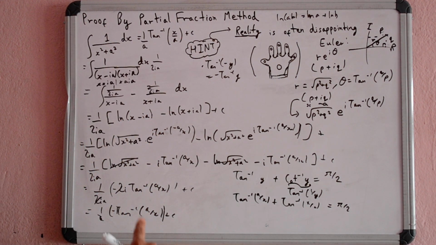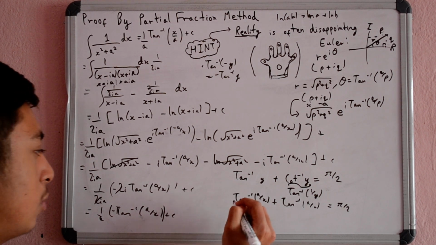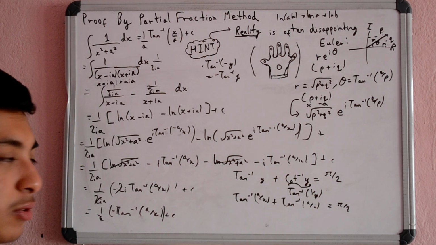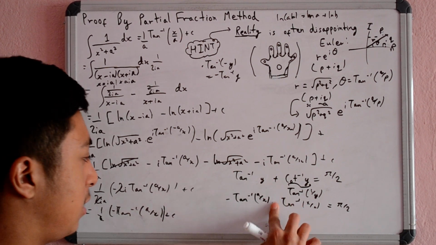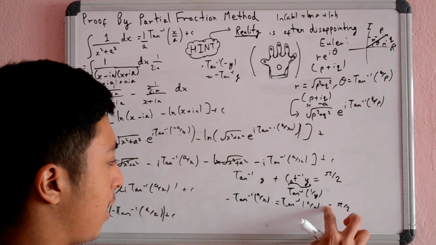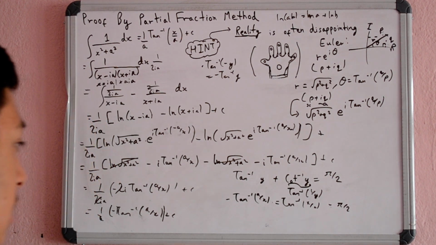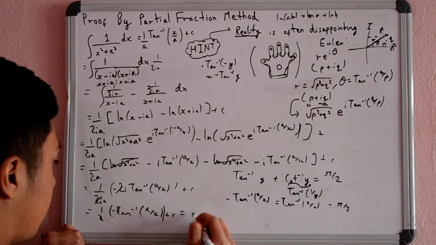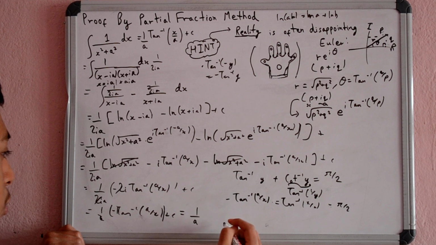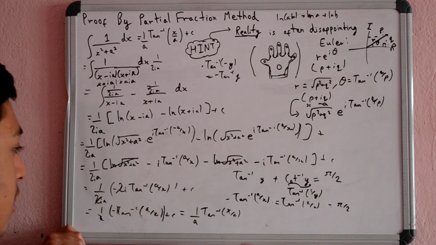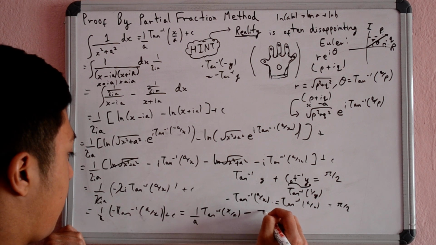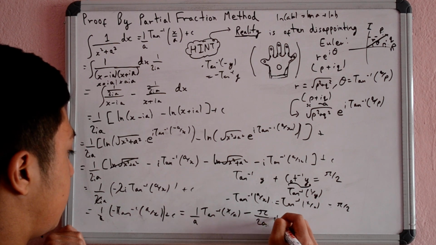Now we want minus tangent inverse of a by x. So you can just compute it out. Minus tangent inverse of a by x is equal to this minus that. So overall we'll get 1 by a into tangent inverse of x by a minus pi by 2a plus c.